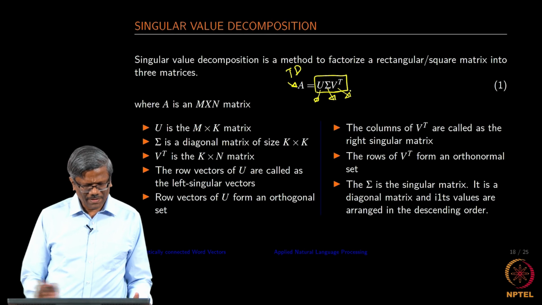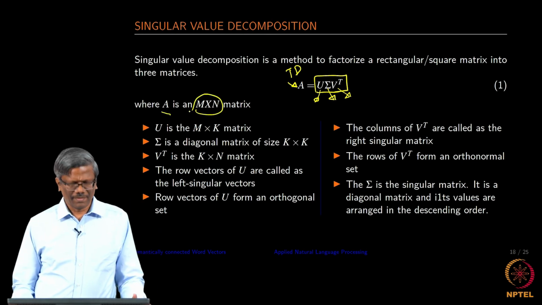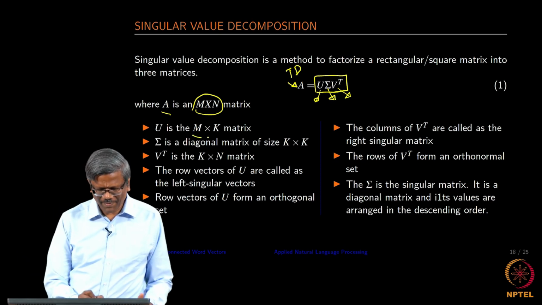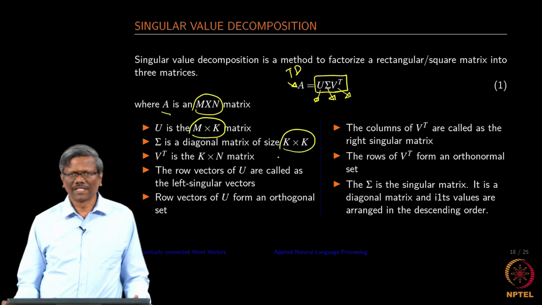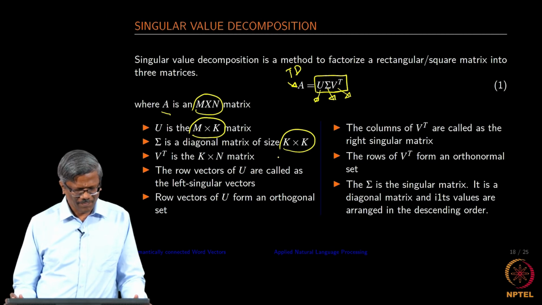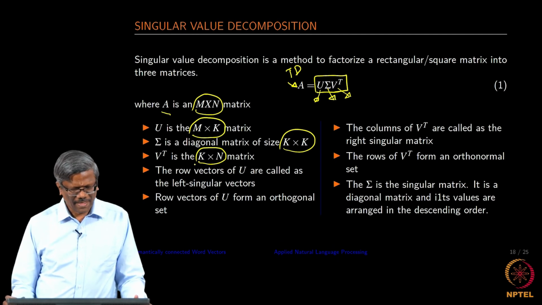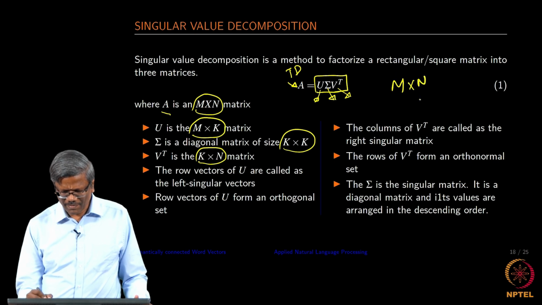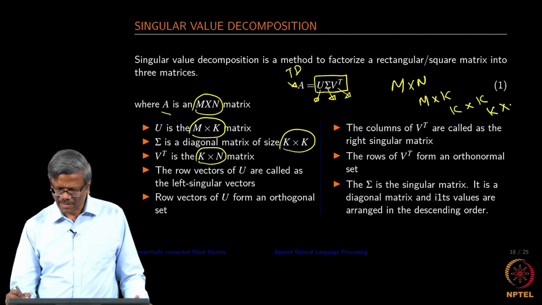Okay. Let us assume that A is a matrix of size m by n. When you transform, U becomes m by k, and then a diagonal matrix sigma is of size k by k, and then V transpose is of size k by n. So, if you look at this, we have m by n transformed into m by k, k by k, and k by n.